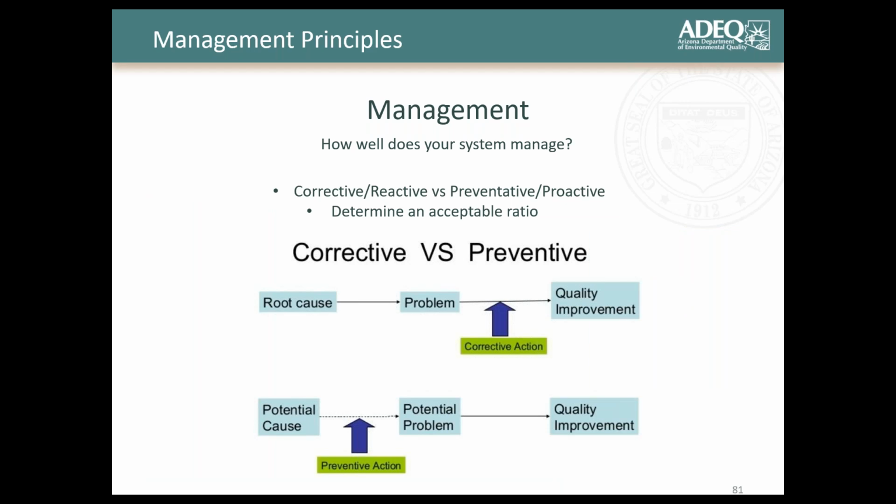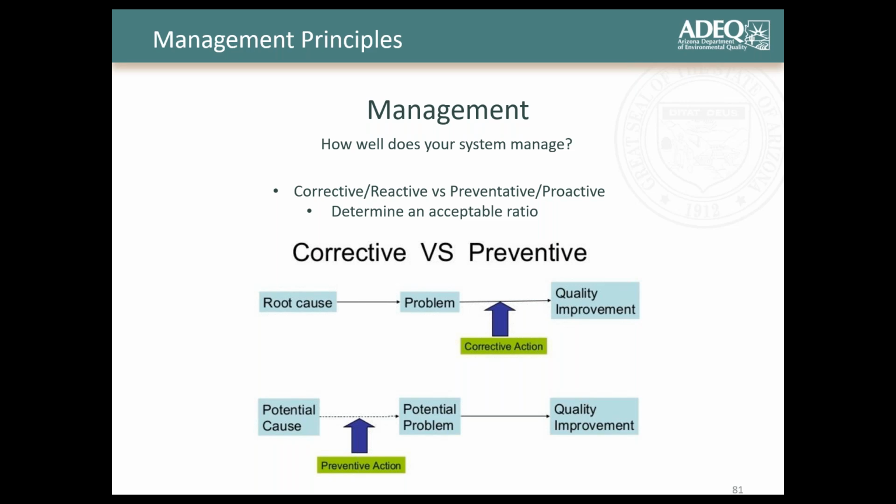Determining the right ratio between your corrective, reactive, or preventative and proactive maintenance, right? I saw this illustration, and I thought it was a great way of defining whether you're being corrective or preventative. Corrective actions happen after the problem. Preventative actions happen before the problem.